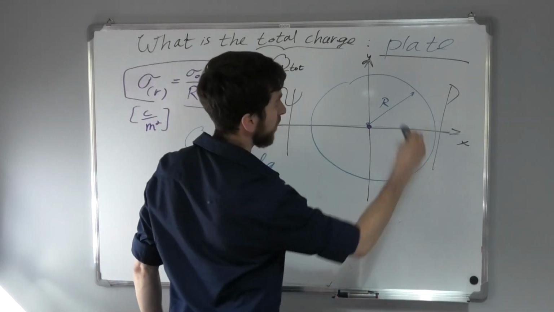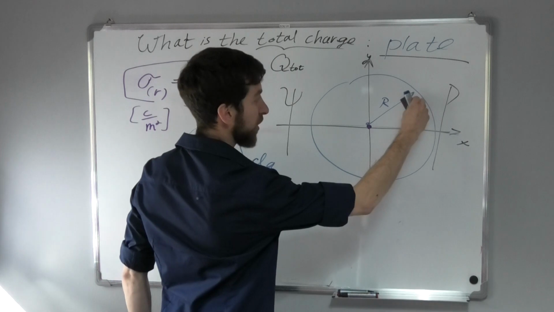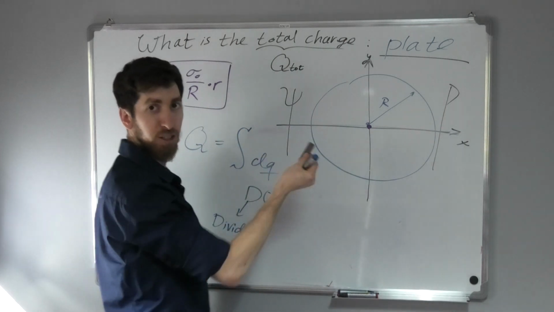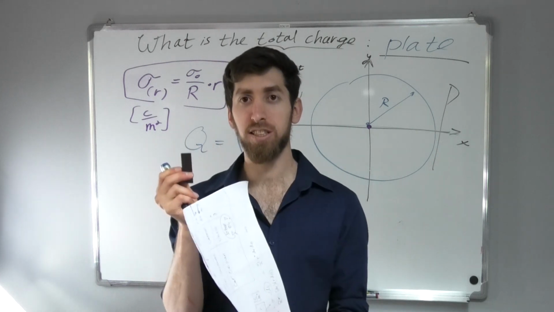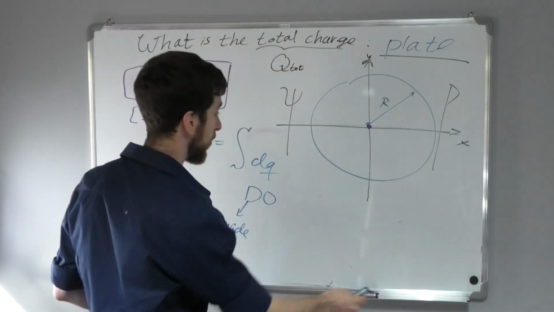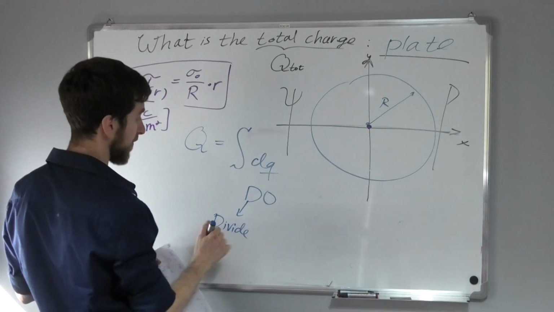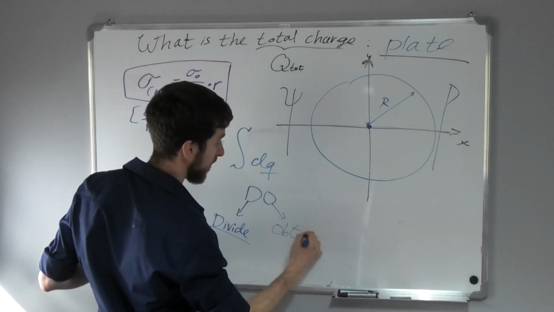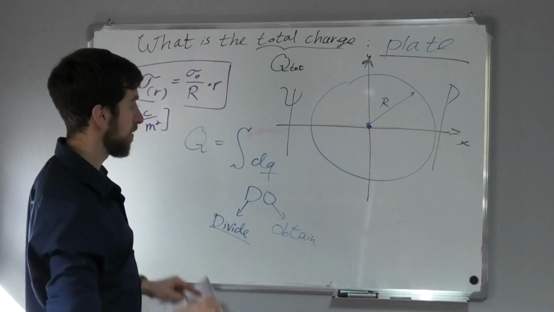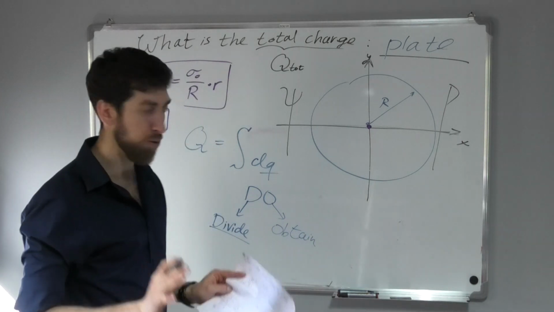I want to find what this chunk is, and how I can express these chunks in the language of mathematics. So we divide into small chunks, and then we obtain this integral. Perfect, we know what we are going to do.